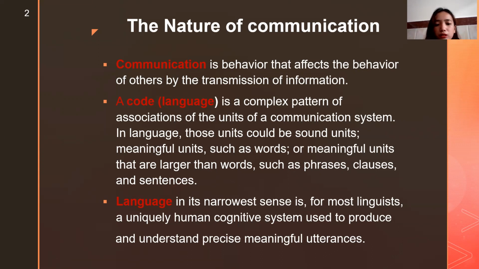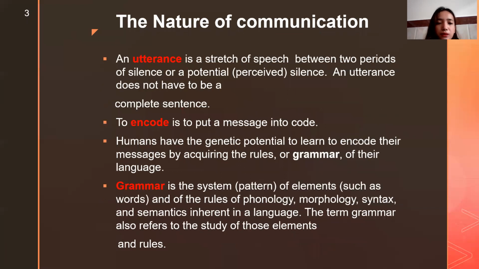So language in its narrowest sense is, for most linguists, a uniquely human connected system used to produce and understand precise, meaningful utterances. We have to study the key important keywords in order to understand the full lessons. The utterance is the stretch of speech between two periods of potential silence. An utterance does not have to be a complete sentence.